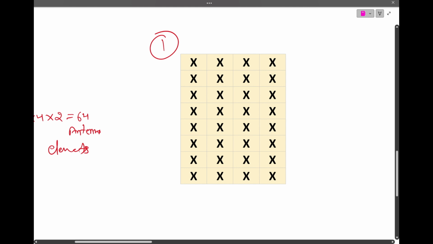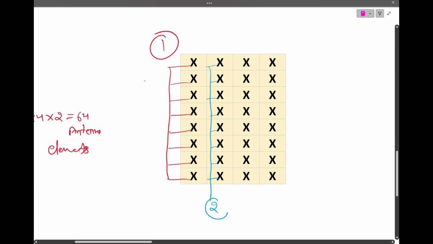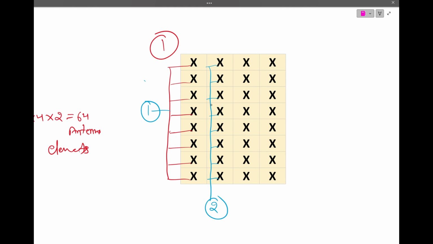Case 1 is when each column is connected with a single input, like this. So this is input 2, this is input 1, and this is the dual polarized part.